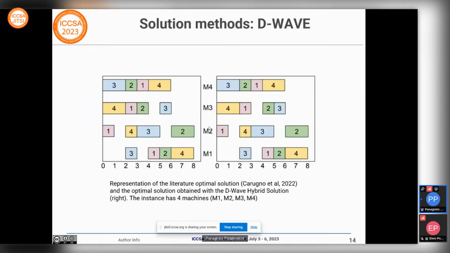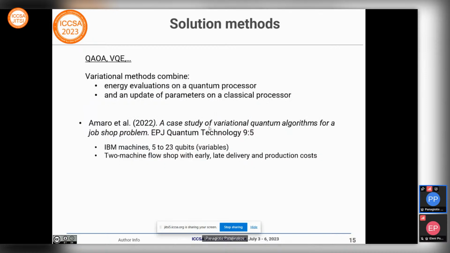This is also the kind of problem we managed to reach and solve with the model I have shown. So this is one of Carugno's and what we found. It's limited in terms of jobs and machines, but it's a good first step, let's say.